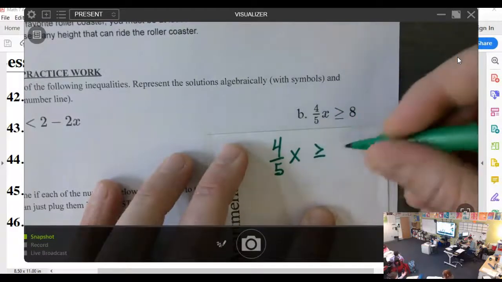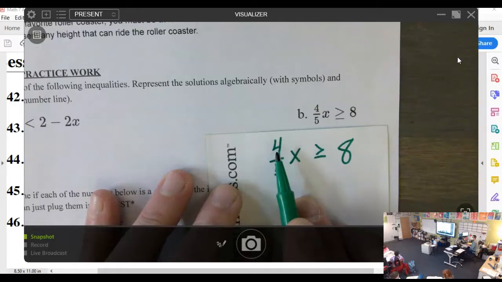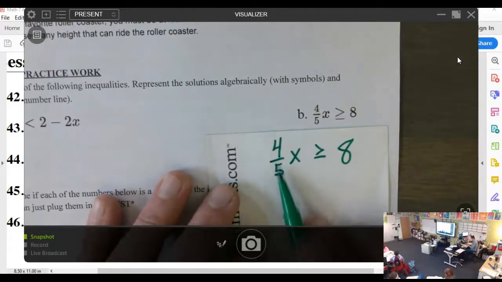This means that we have multiplied by 4 and divided by 5. Really, we could write this as 0.8, because that's what it is in decimal if I throw it in a calculator.